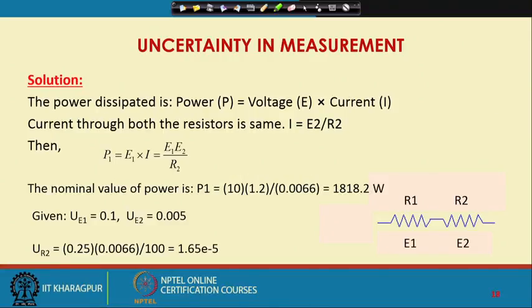So, power dissipated is power equal to voltage into current. Current through both the resistors is same. So, the current I can be computed as E2 by R2.